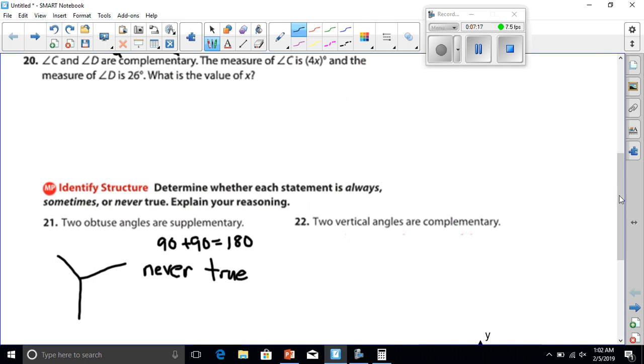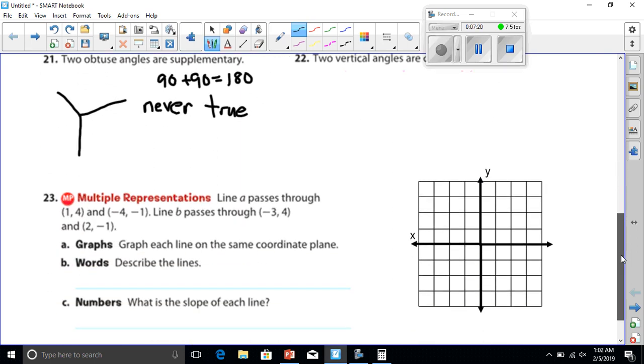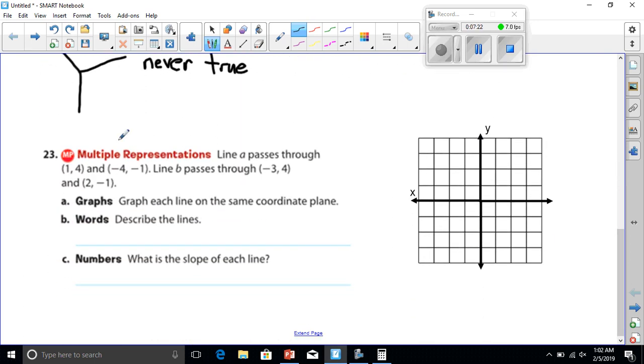And let's go ahead and finish off our homework. We're on number 23. Line A passes through 1 and 4 and -4 and -1. Line B passes through -3 and 4 and 2 and -1.